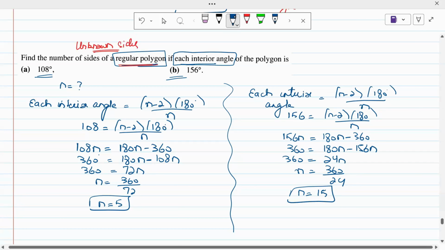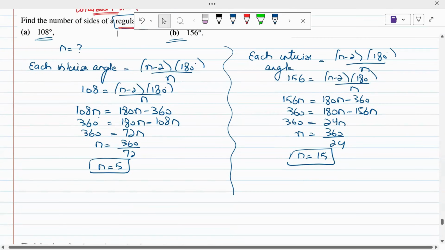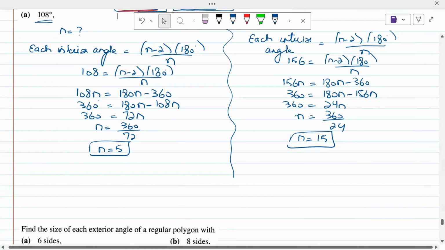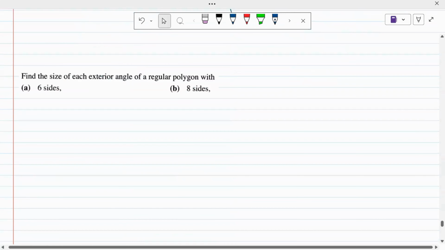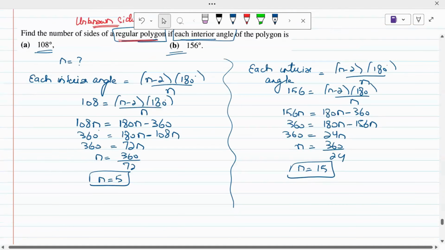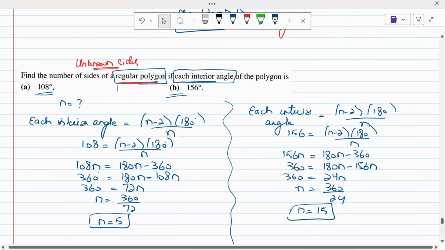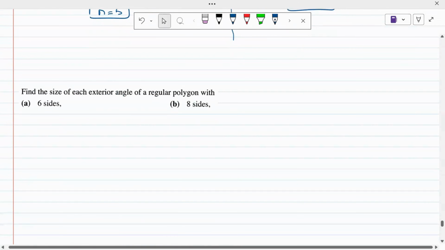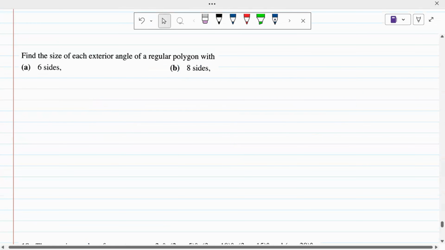And this type of question comes quite often in past papers, especially without calculator. A similar example, but the only difference is that the previous question was about the interior angle of a regular polygon, and this question is about the exterior angle of a regular polygon.